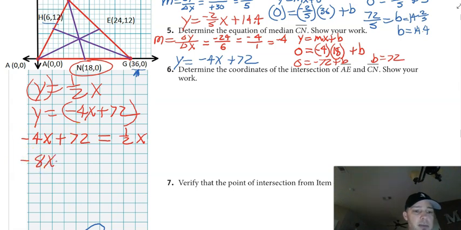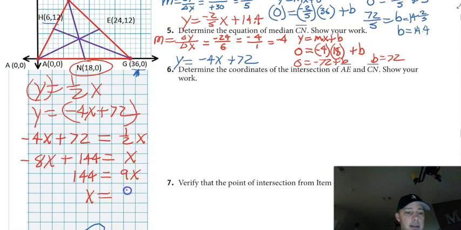The point of multiplying by 2 is to just get rid of the fraction there. So then add 8x to both sides. And divide both sides by 9. And we end up getting 16 for x.